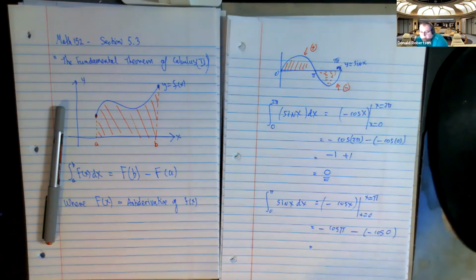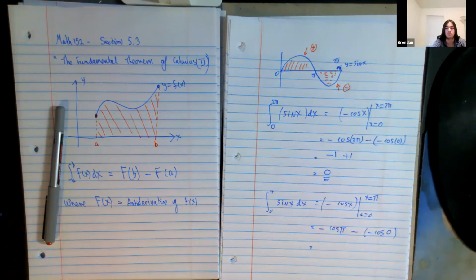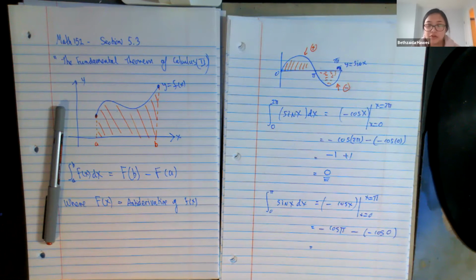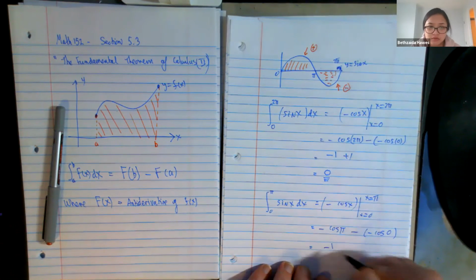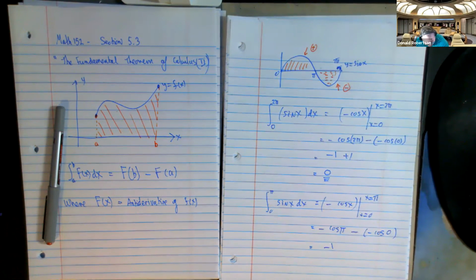Okay, cosine of pi. What's the number? Negative 1.